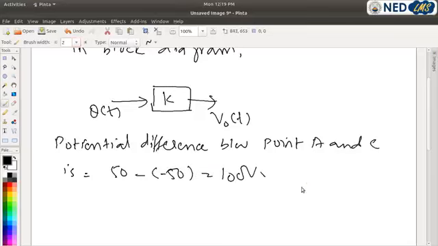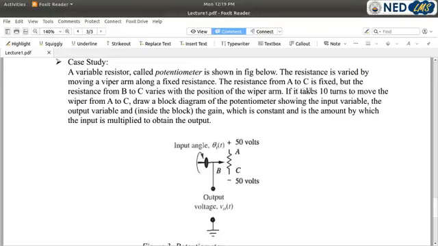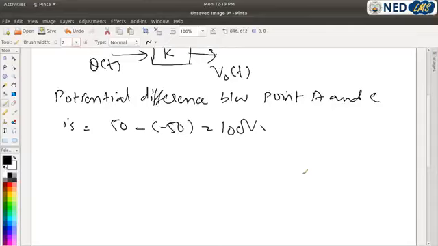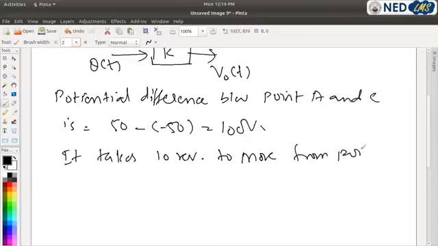And here it is written, it takes 10 turns to move the wiper from A to C. So it takes 10 revolutions to move from point A to C.